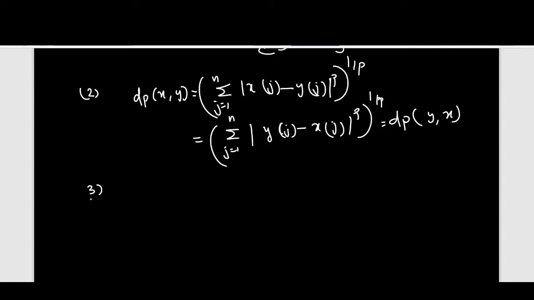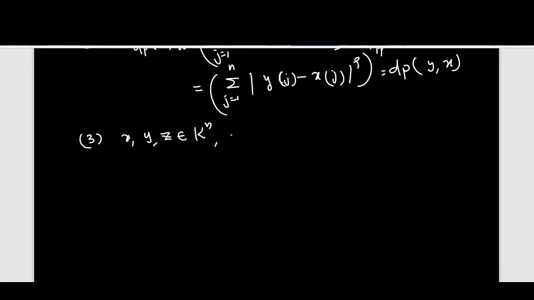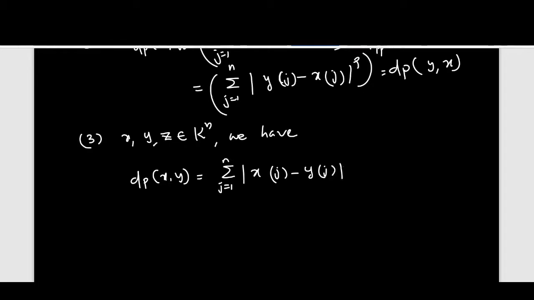Now for the third condition, we take x, y and z from K^n. Then we have d_p(x,y), which is equal to, by definition, summation j varies from 1 to n, |x_j minus y_j|^p, whole raised to 1 by p.